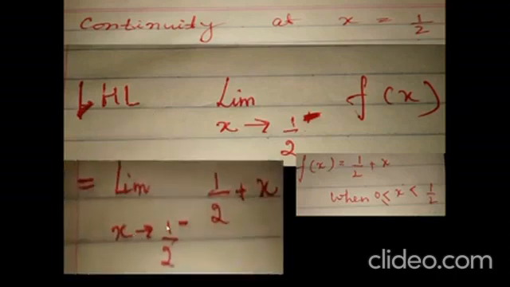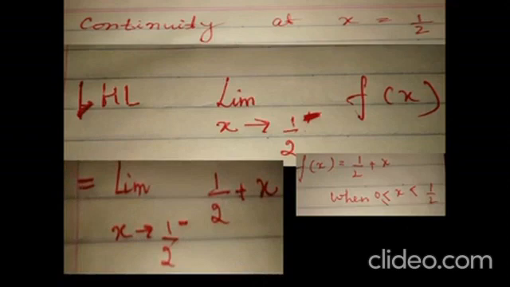So if it is less than half, the value of the function becomes 1 upon 2 plus x, because it is already given when x is greater than or equal to 0 but less than half. So at this point f(x) is equal to 1 upon 2 plus x. So substitute this value in the given function. So we get limit x tends to half minus, and then replace f(x) by 1 upon 2 plus x.